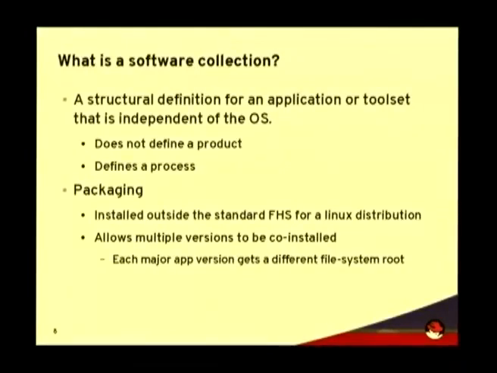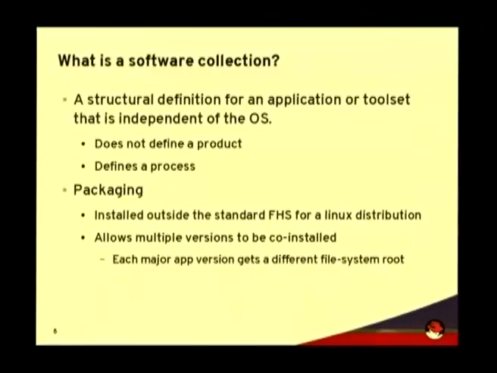So when we started looking at this, we said where we want to install it is actually important, because now migration becomes easier. So we started looking at it as being installed outside the Linux file system hierarchy, right?